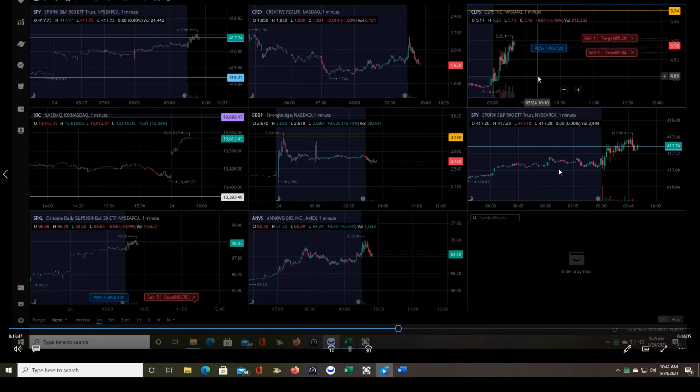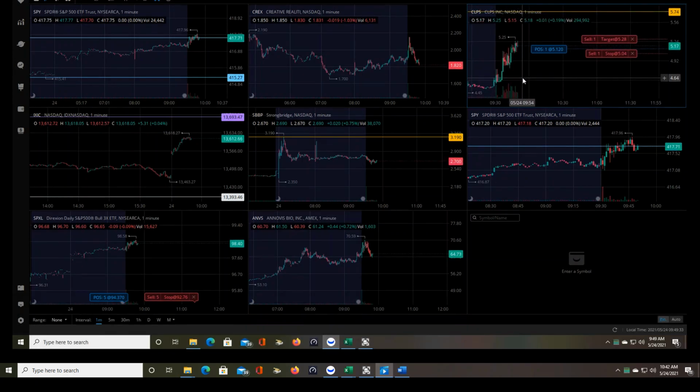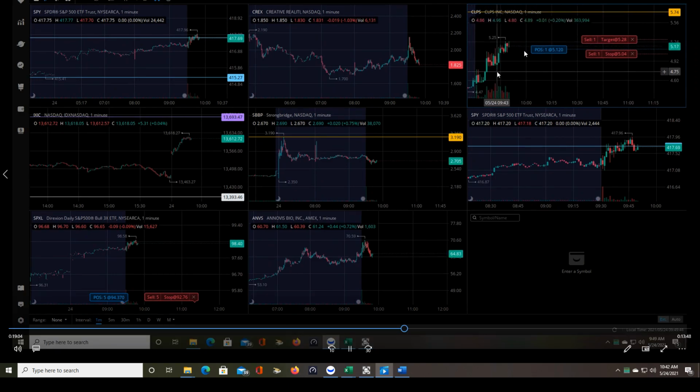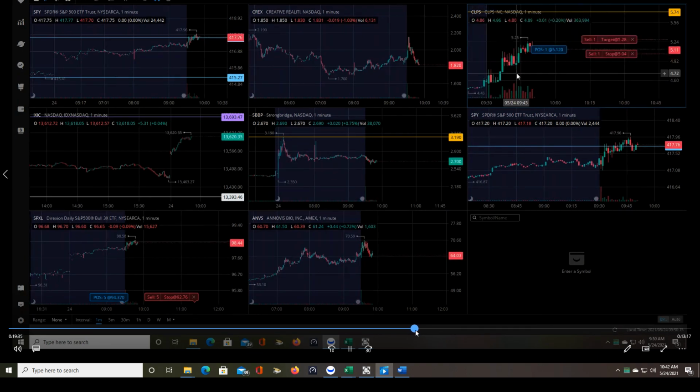I'm also trying to show you guys that in order to find out if any trading system that you know of or that you're developing or someone else tells you works, you don't have to jump in with your full position size and start trading it. You can and should trade it with one share for at least 100 trades and prove it to yourself that it's profitable, and then increase your position size. Otherwise, you're just gambling. All right, so there I get stopped out.